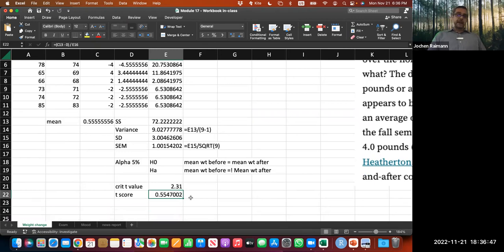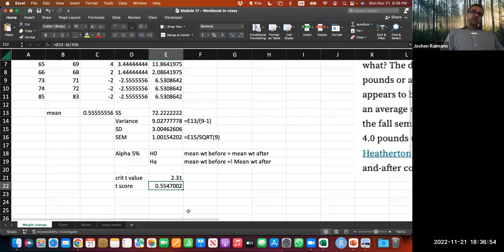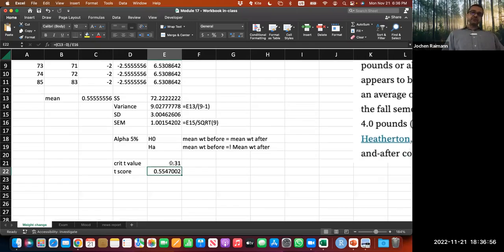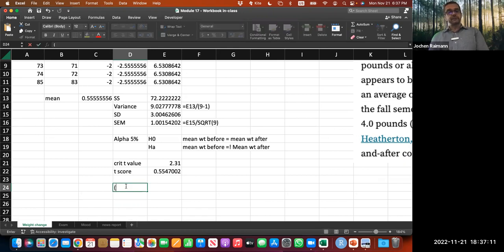Okay. So we now have a t-score of 0.55. So a t-score of 0.55 does not exceed our critical t-value, and we can confirm our insight that this is non-significant, and our null hypothesis is actually true, by calculating a 95% confidence interval.